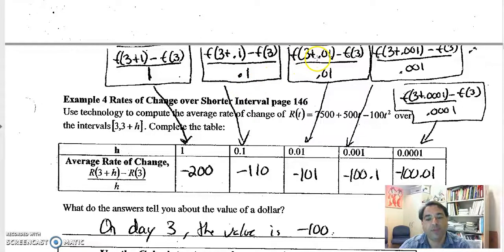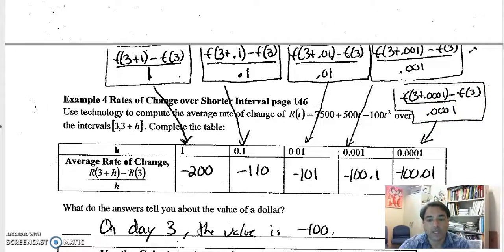F of 3 plus 0.01 minus f of 3 over 0.01, a 100th of a day later. F of 3 plus 0.001 minus f of 3 over 0.001, a 1000th of a day. And then f of 3 plus 0.0001 minus f of 3 over 0.0001, which would be a 10,000th of a day.